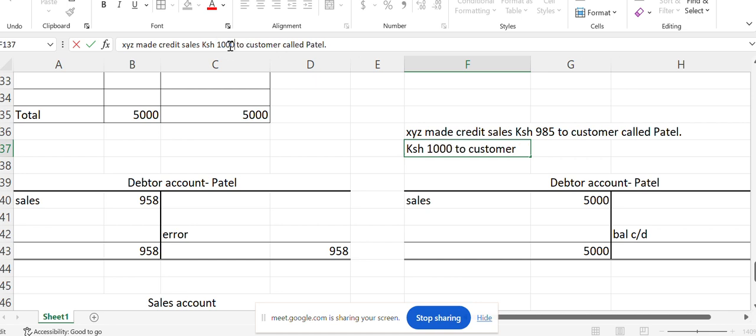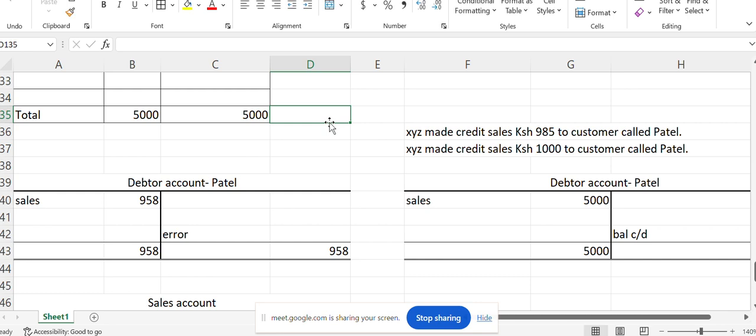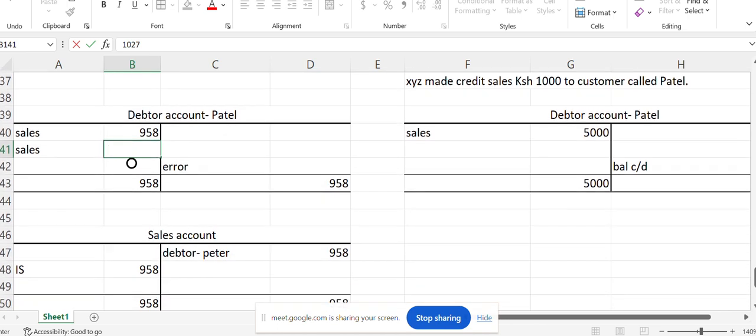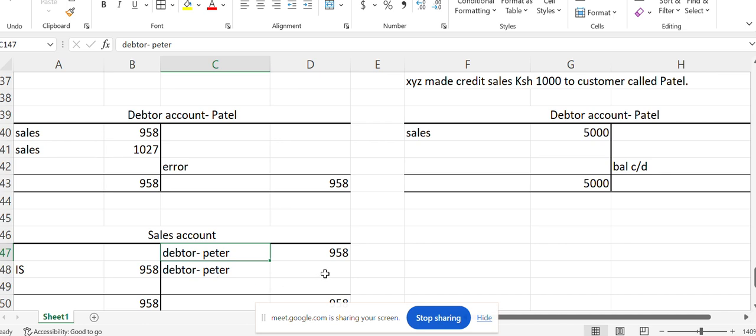So maybe the next time there's a transaction of 1,000, but instead of recording that 1,000, because you had done some errors before, you record sales 1,027 and then you come here again, debtors, you record 1,027.